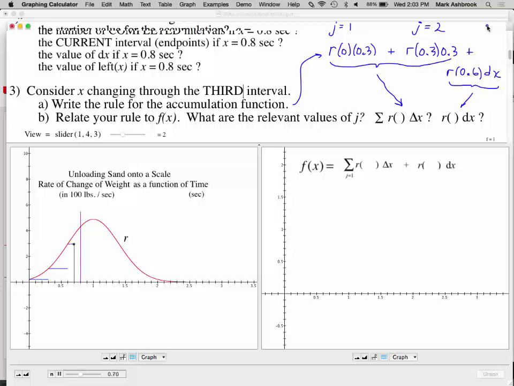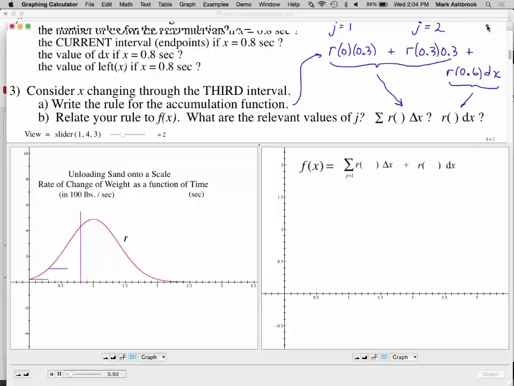Look at what I wrote and talk about what I wrote. Make sense of what I wrote in blue. Keep talking. It's saying add up a sum plus a sum plus a sum.